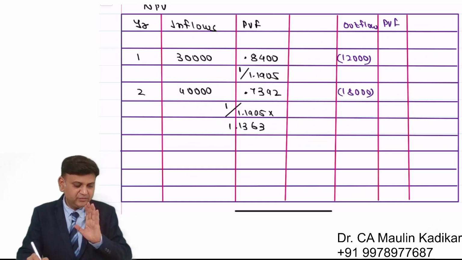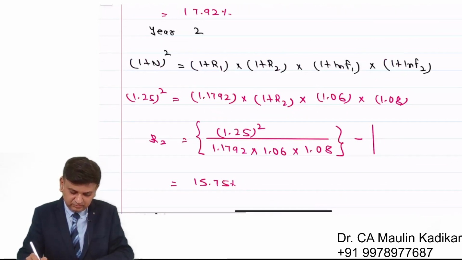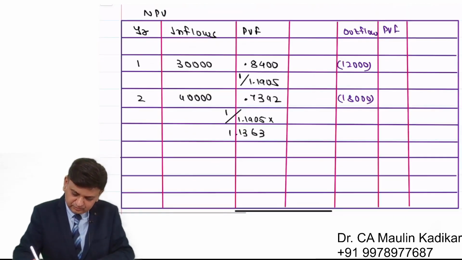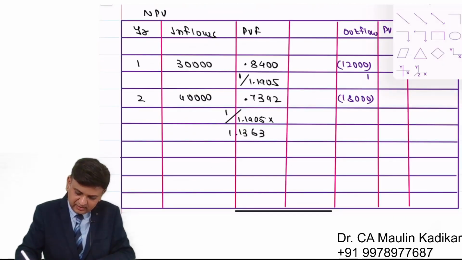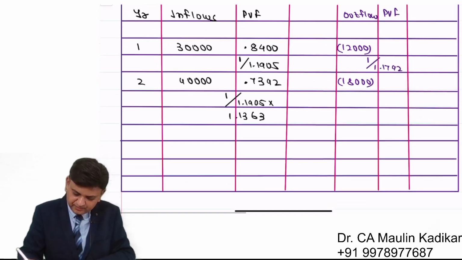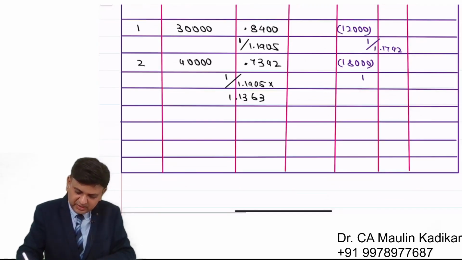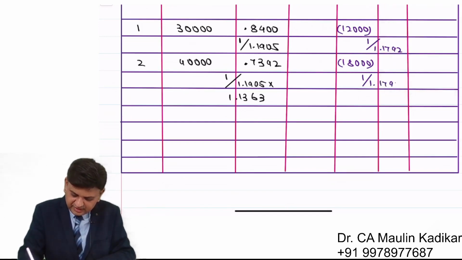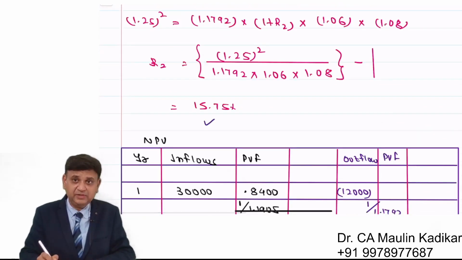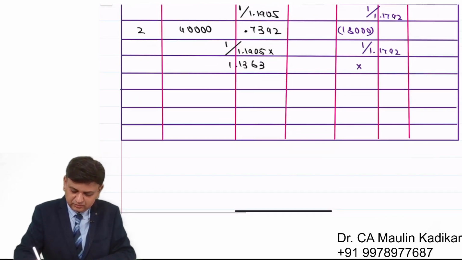Present value factor for the first year is 17.92%. So 1 divided by 1.1792. Second year it is 1 divided by 1.1792 into, second year factor is 15.75 percent, 1.1575.